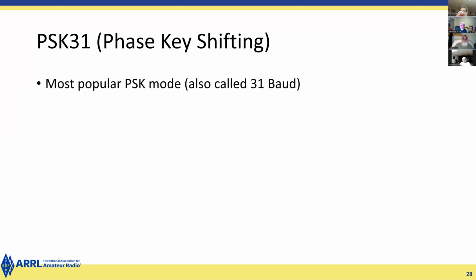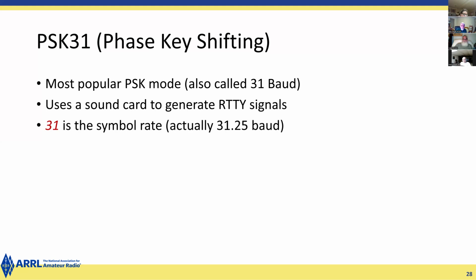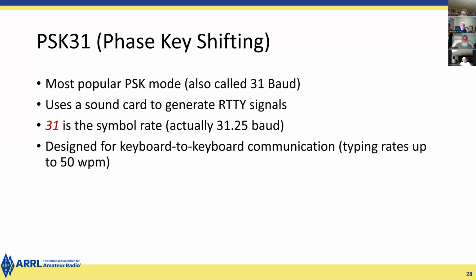PSK 31 is the most popular PSK mode. Again, it's character based. It doesn't have structure, and it's somewhat different. You use the sound card to generate PSK signals, and it can generate audio with phase shifts built into it. And 31 is a symbol rate in baud. It's actually slightly higher. It's designed for keyboard to keyboard communications.